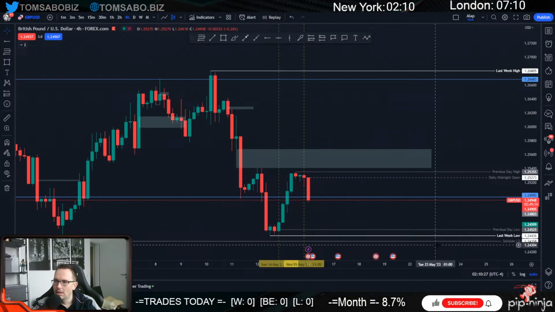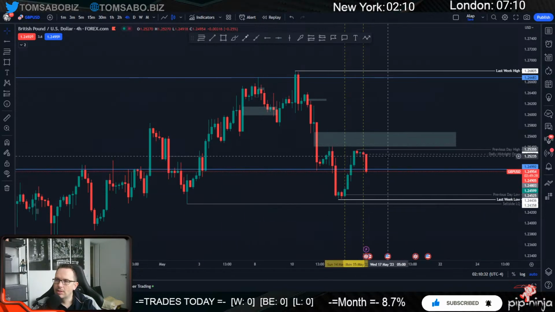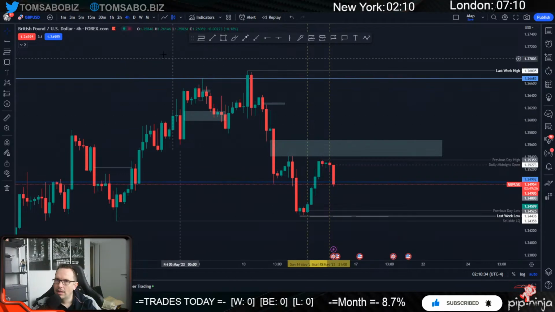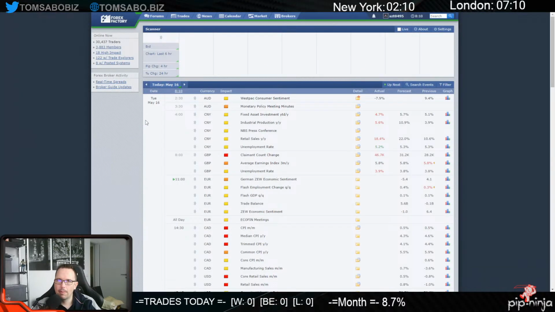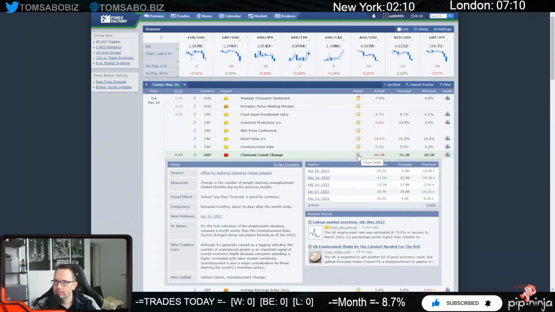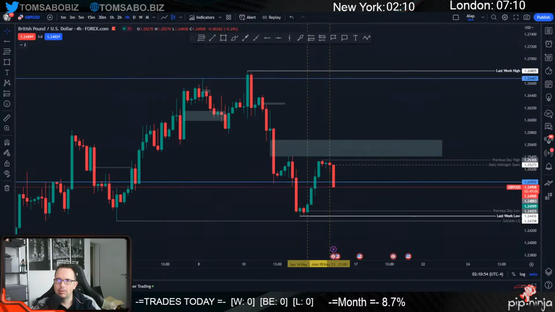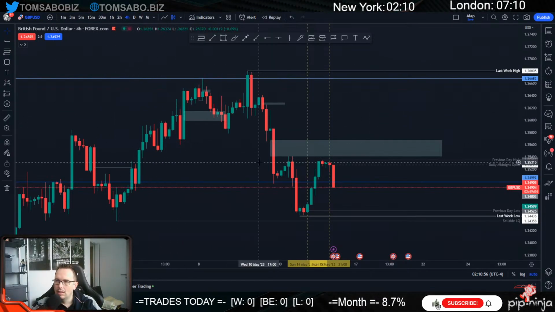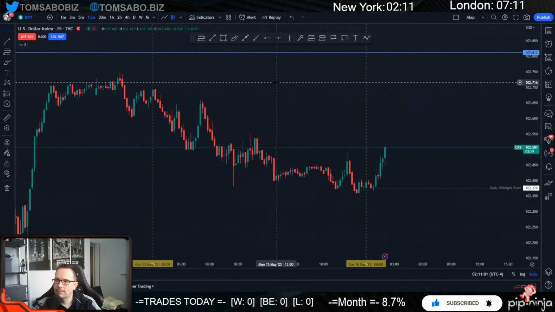So pretty obvious that we have some liquidity down there, some liquidity up there. But right now we had some news. Oh yeah, here it is. Yeah, not too good news for the pound. So it's going lower.